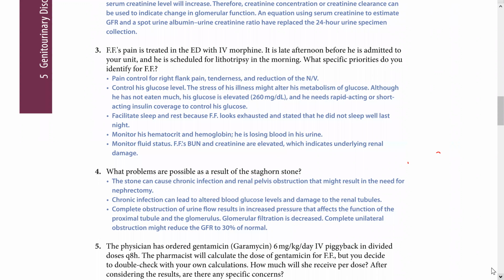So outside of making sure that our patients know that they can or need to utilize their PCA if they're on a PCA, what would be one of the critical assessments we want to do for a patient after they've come out of surgery?